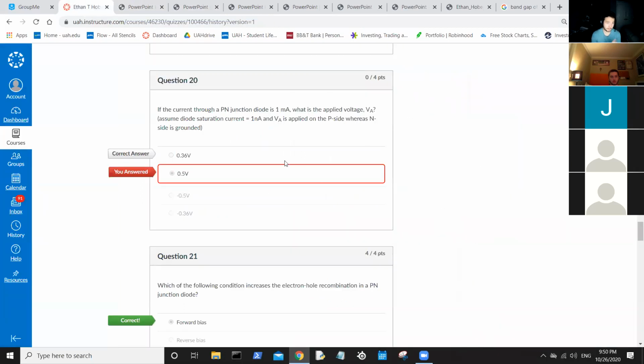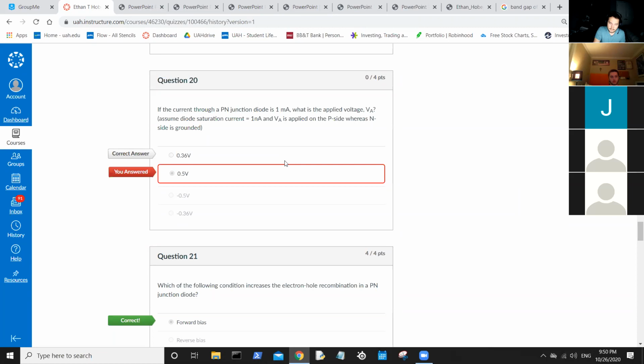So we say 1 milliamp is the JD. So you do 1 times 10 to the negative third is equal to, and then the 1 nanoamp is the J0 or J naught. And you have 1 times 10 to the negative ninth times E, and then you're going to have 1 over 0.026 as your value over there.